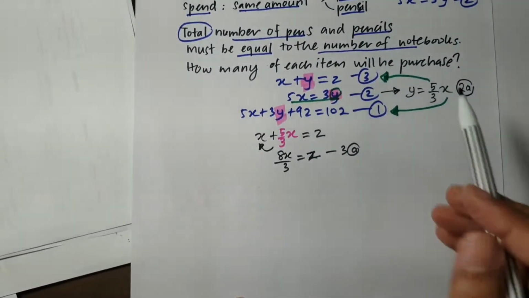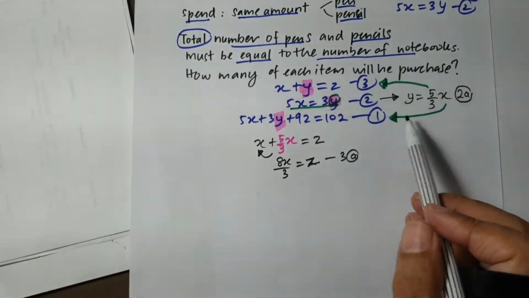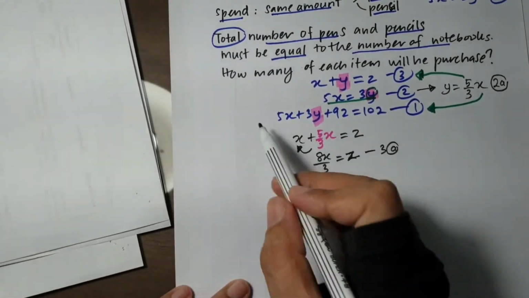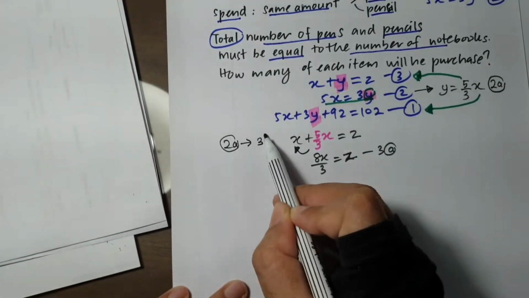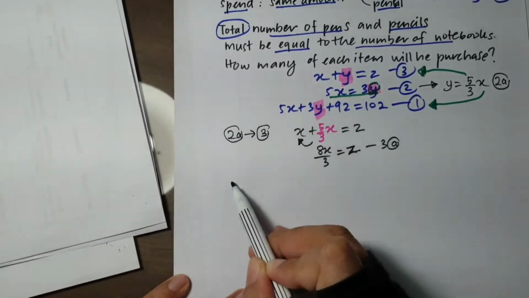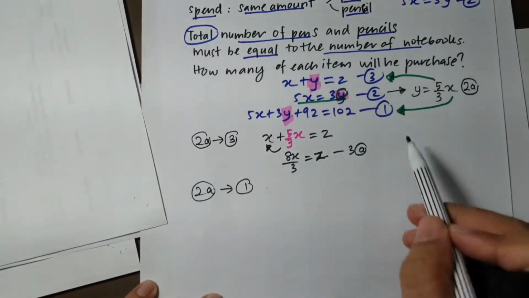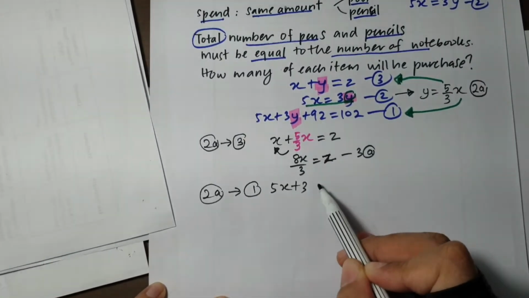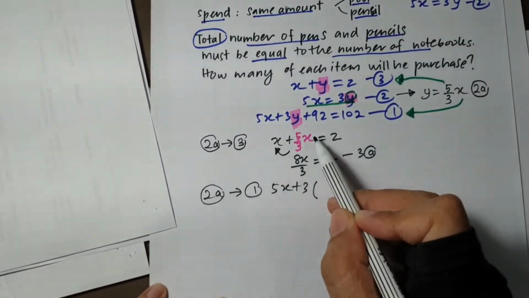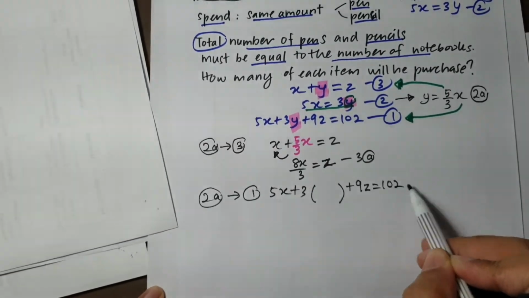Okay, next. Let's substitute into 2a, substitute into 1. This one 2a substitute into 3. Okay, next 2a substitute into 1. Substitute into 1, so you have 5x plus 3y, 3 times y, so put bracket, plus 9z equal 102.